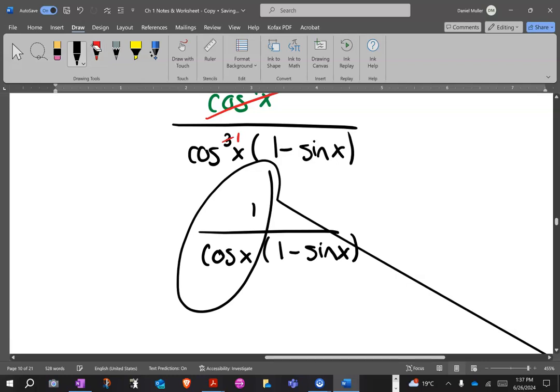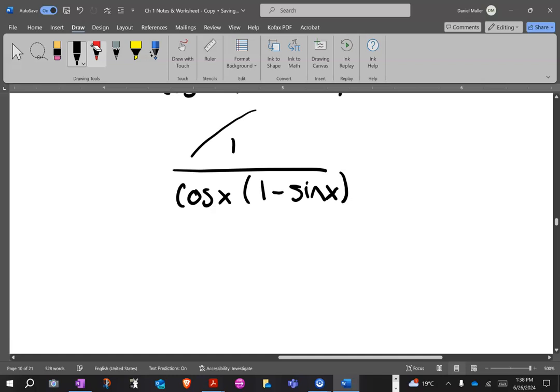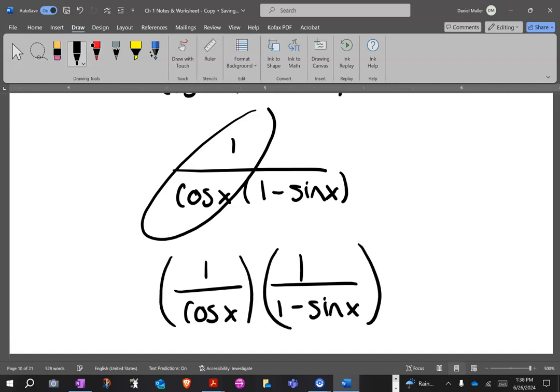It just looks kind of weird. So maybe what I'll do is I'll separate these to a 1 over cos and a 1 over 1 minus sine x. And they're both being multiplied.